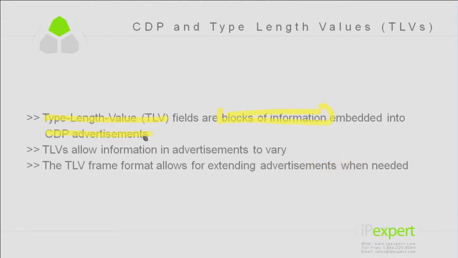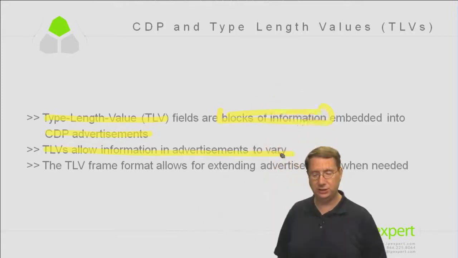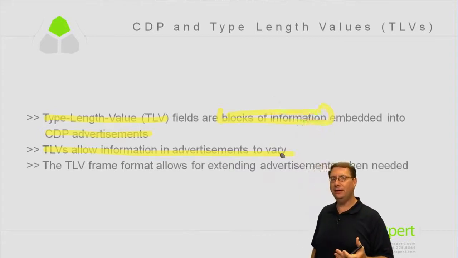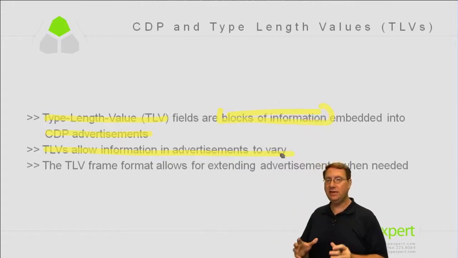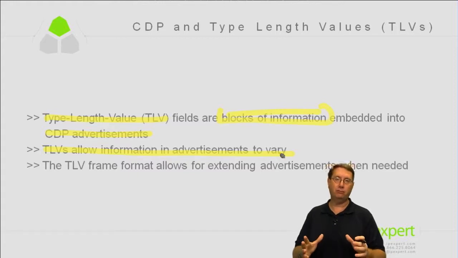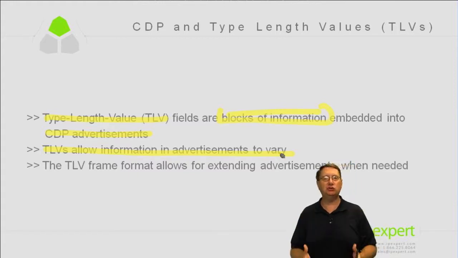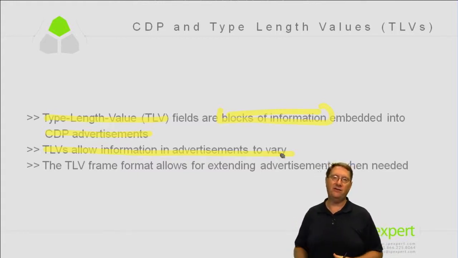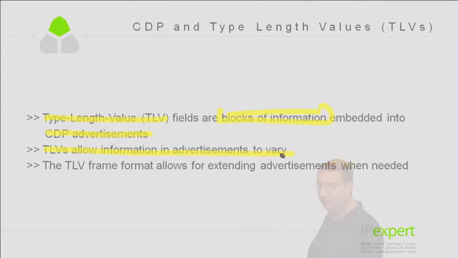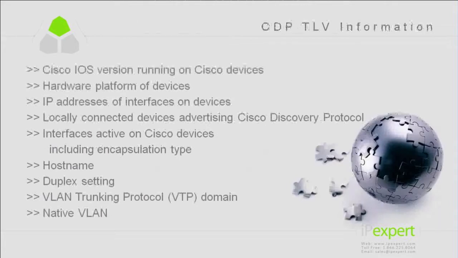So recognizing what's going on here, these TLVs allow us to vary the payload in our messages. And again, it's enabling us simply through this concept of TLV to enhance the protocol for future use. It is extremely extensible because of the fact that we're using these TLVs in order to control the nature of our payload.